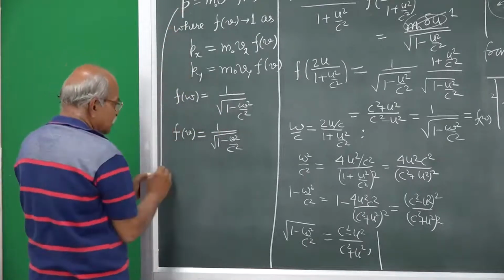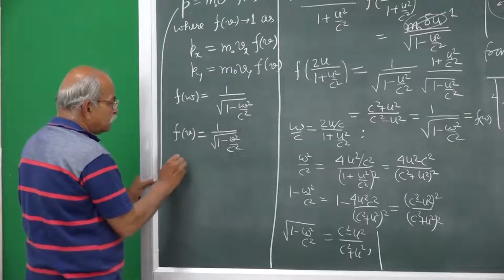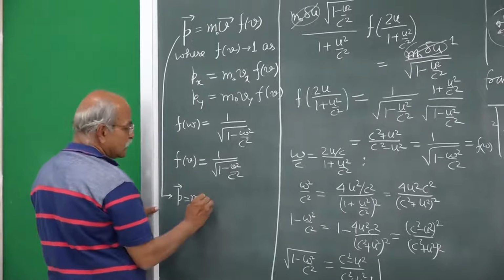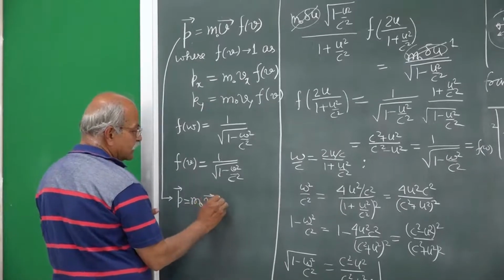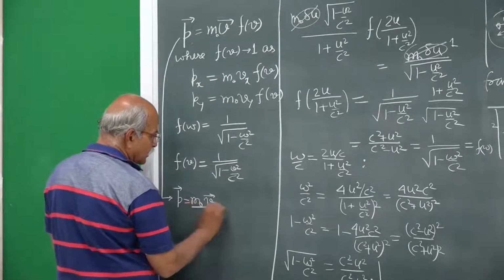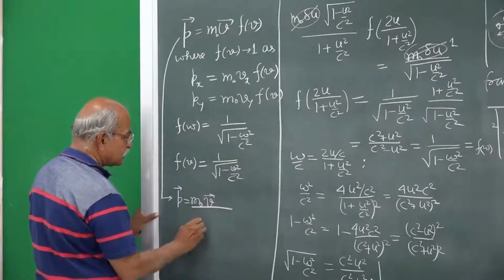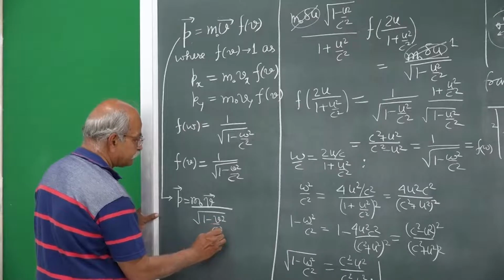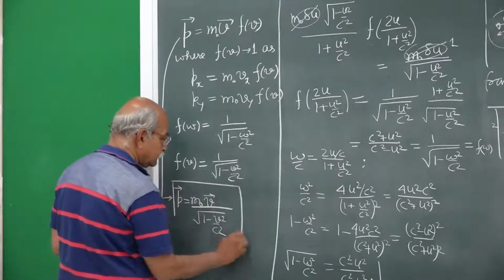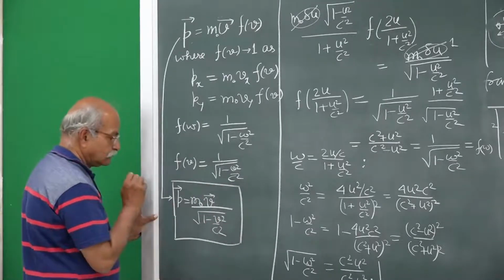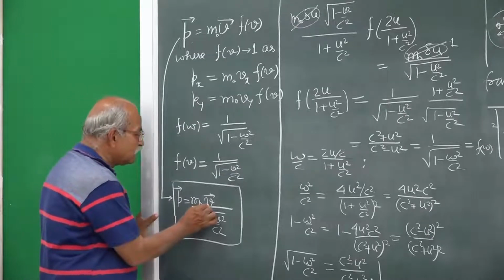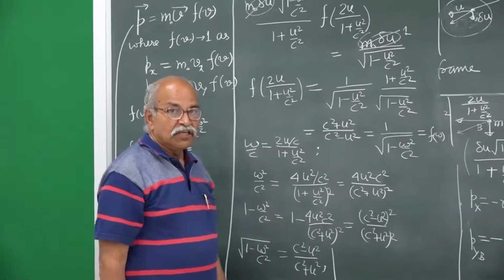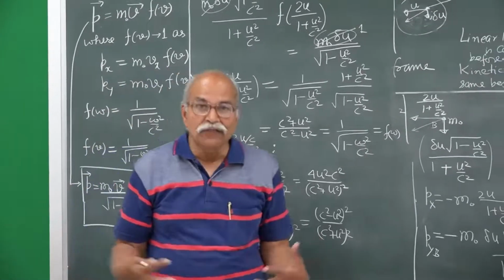So, our definition of linear momentum becomes p is equal to mass of the particle, then velocity, and then multiplied by this quantity. So, you can write this in denominator, 1 minus v²/c². So, that is our modified definition of linear momentum.